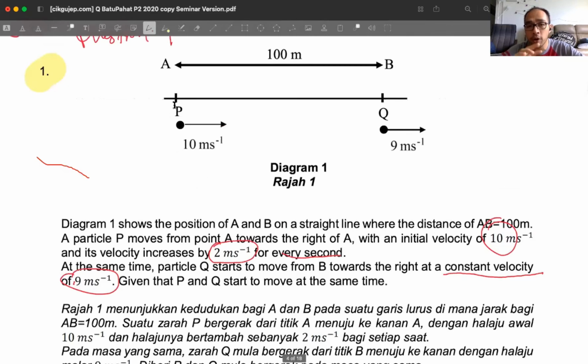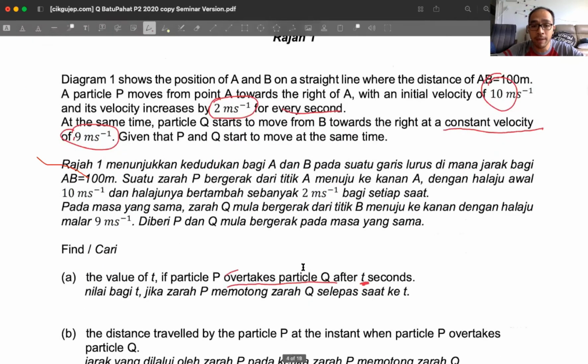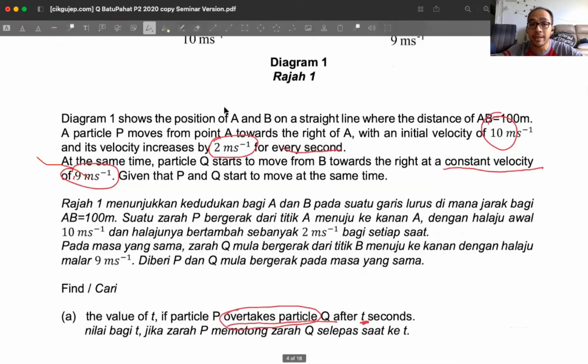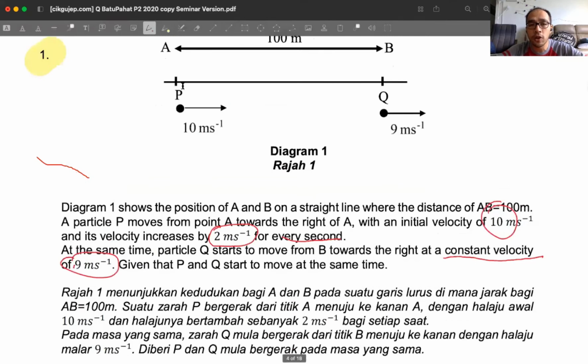Okay, so we have to consider P progression and Q progression. And since we are talking about overtaking particle, we cannot talk about the velocity. We have to talk about the displacement, the distance. Okay, so if you consider P, kalau the velocity is starting with 10 meters per second, that means dalam saat pertama, in the first second, they move 10 meters.